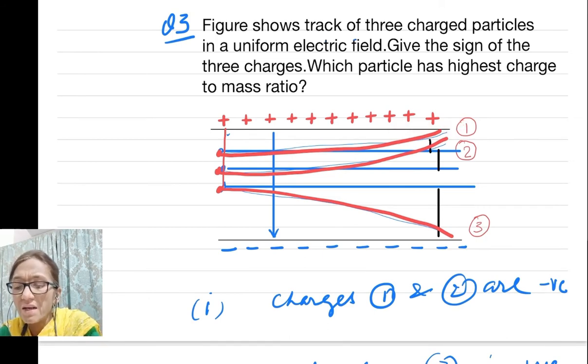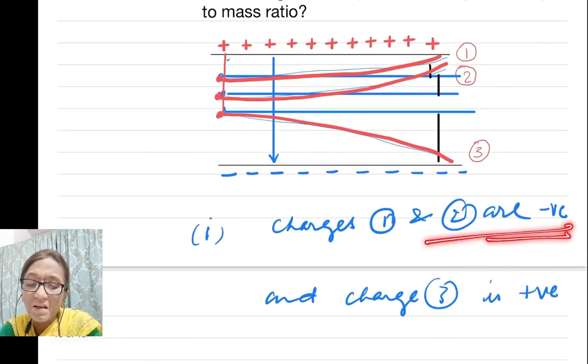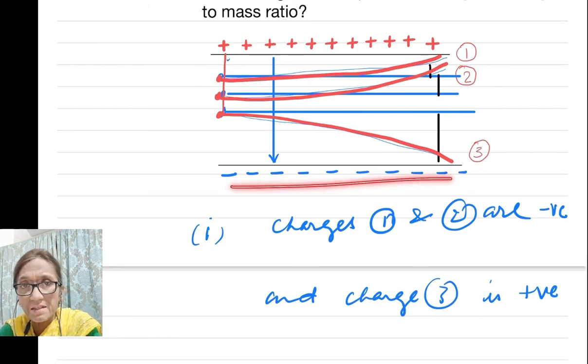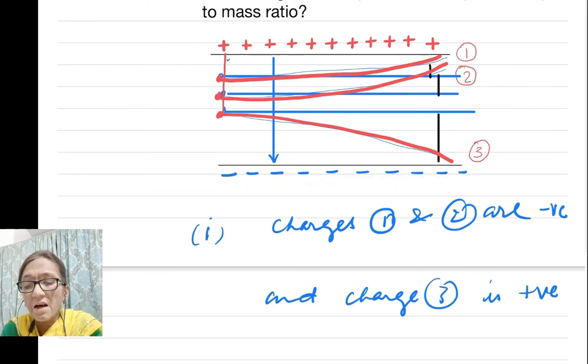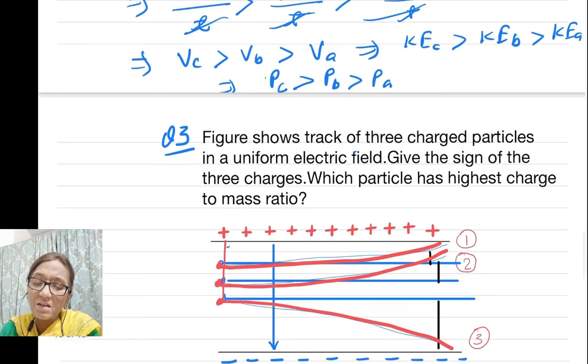So charge 1 and 2 are negative. Similarly, unlike charges attract each other and the negative plate is attracting the unlike charge, that is positive charge, and therefore charge 3 is positive. So this is the answer of the first question, sign of the three charges.